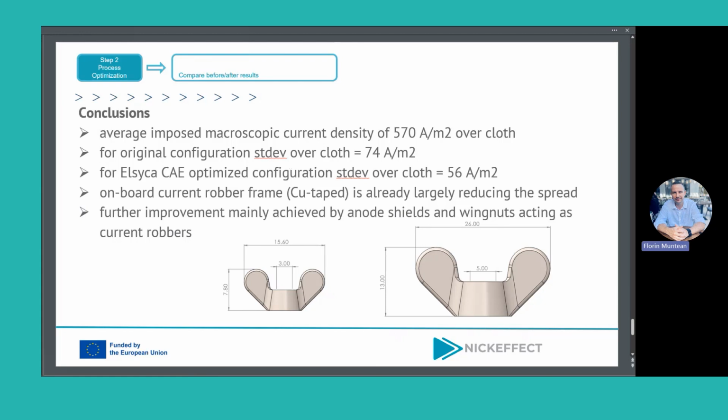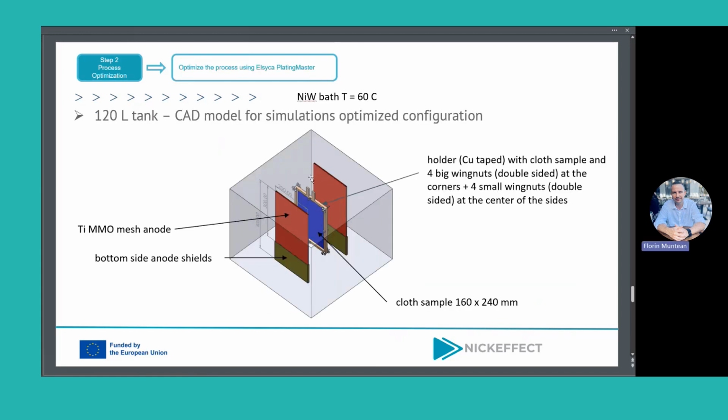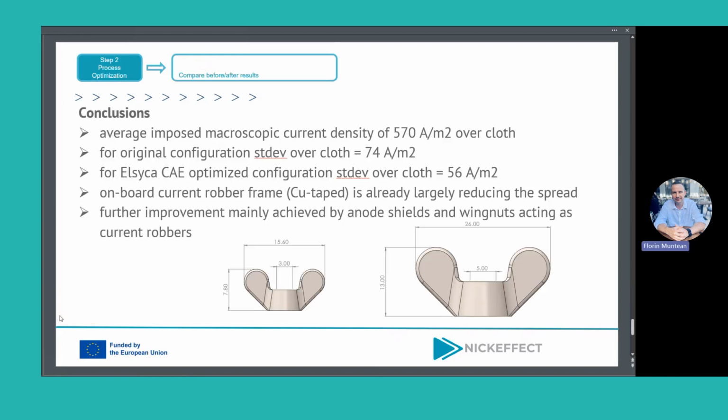And then for the optimized one, this one, we had a standard deviation over the cloth of 56 amps per square meter. The onboard current frame, which is copper taped, is already largely reducing the spread.